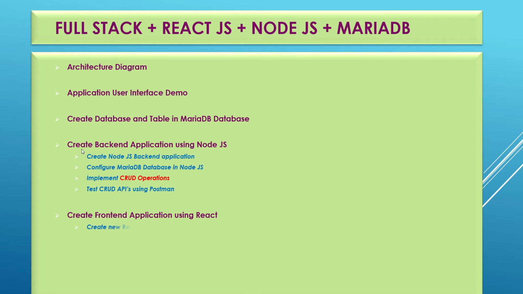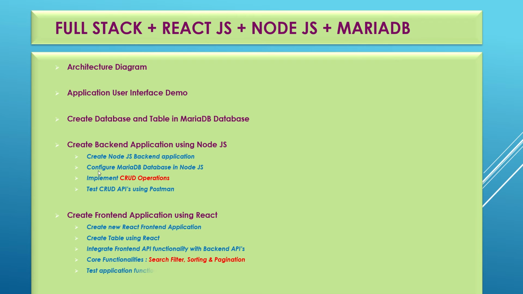Next, we are going to create our backend application using Node.js. Next, we will configure the MariaDB database in that. Next, we are going to implement the CRUD operations, and finally, we will test our CRUD operations using Postman. So this is about the backend application and the points which we are going to cover in that.